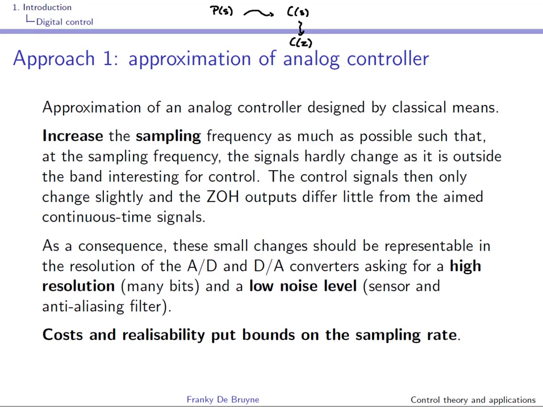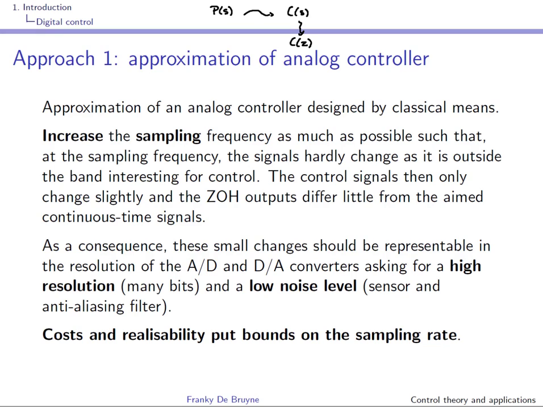In this first approach, the analog controller designed by classical means is approximated, and we obtain a difference equation that we can implement on the processor. We have to increase the sampling frequency, so choose a Ts that is small, to make sure that the output of the digital controller is as close as possible to the output that we would have had with the continuous time controller. If we choose a small Ts, it means that also the control signals will change slightly from one sample instant to another.